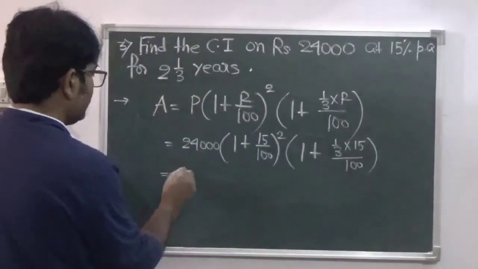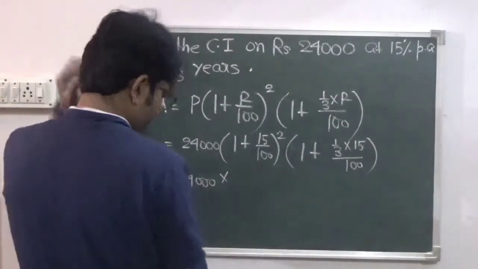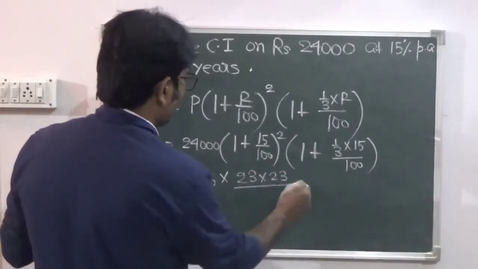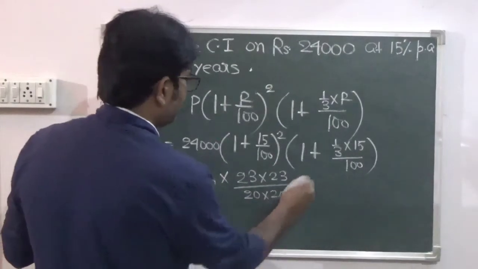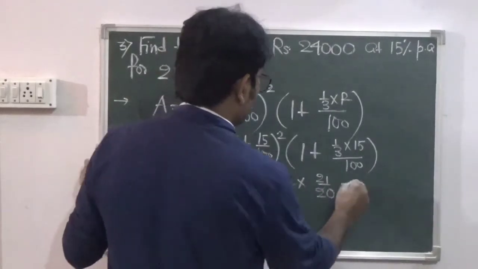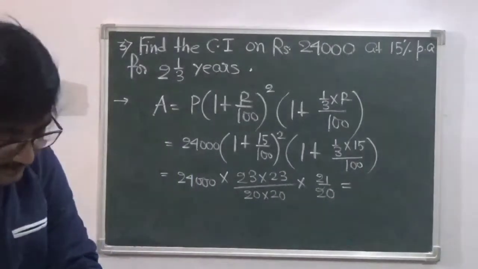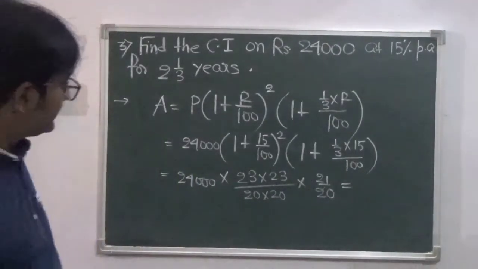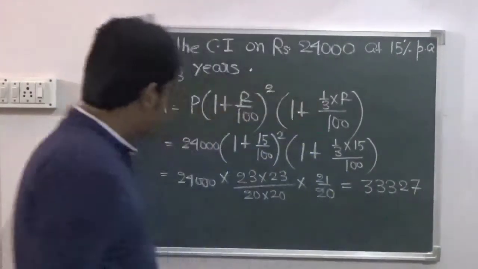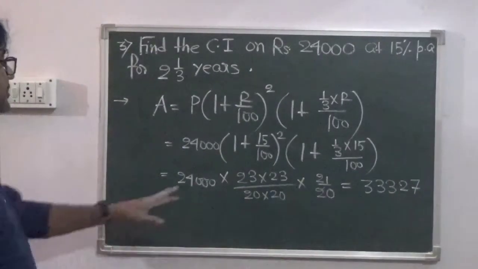So this is coming to 24,000 into 23/20 into 23/20 into 21/20, and that is coming to 33327. Let me check it. Okay, so this is it. The amount is coming to 33,327.